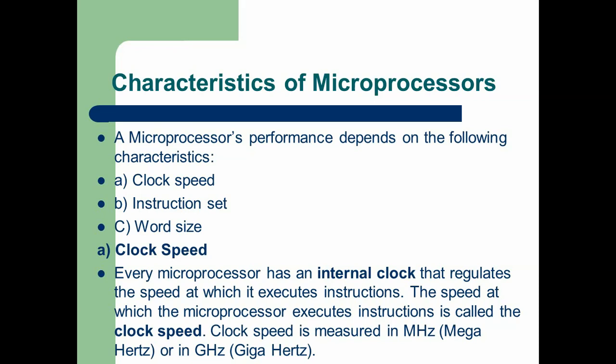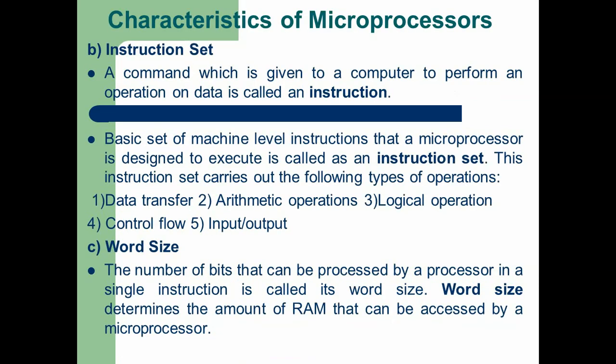The next one is the instruction set. An instruction set is a command given to a computer to perform an operation on data. Many instructions are bundled in the form of machine level language and passed to the microprocessor for processing.